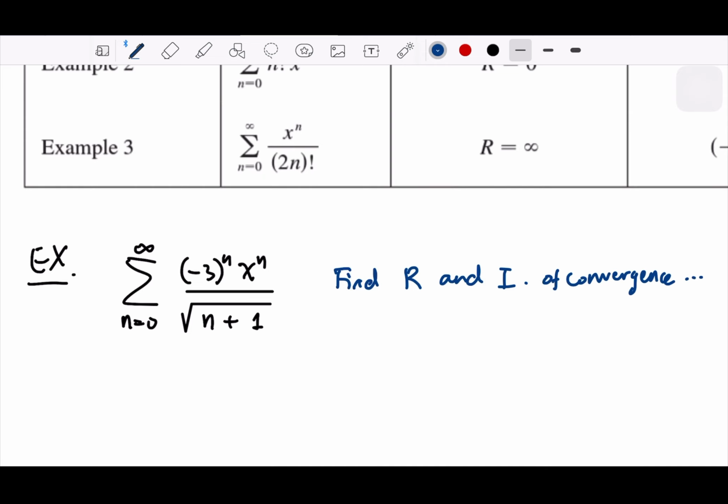So basically, the first thing you need to start with is to check with the ratio test. Look at the form and the pattern, and take time to check which one is going to converge and which one is going to diverge, and then focus on the convergent one. Okay. Find the radius, find the interval.